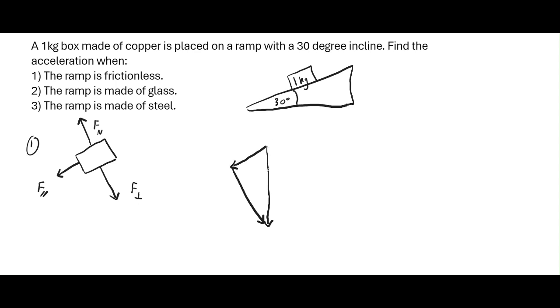So notice from the geometry of my triangle here, gravity is going straight down. And here is the 30-degree angle. This angle here, considering that this is 90, we have to have 60 degrees on this one.